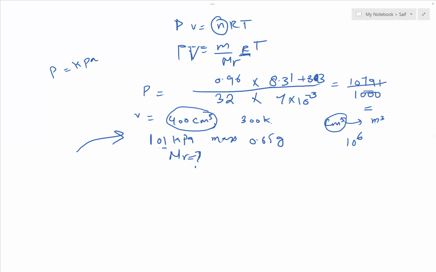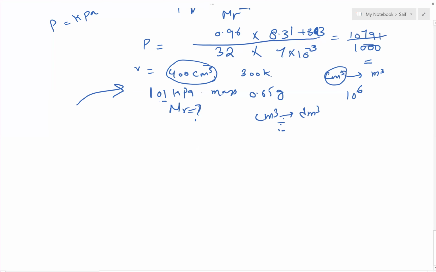I don't understand. Can you explain again? I'm telling you that whenever you convert centimeter cube into decimeter cube, you divide it by 1000, isn't it? Now when we are taking an ideal gas, you will not be taking the value in decimeter cube. We are going to take the values in meter cube.